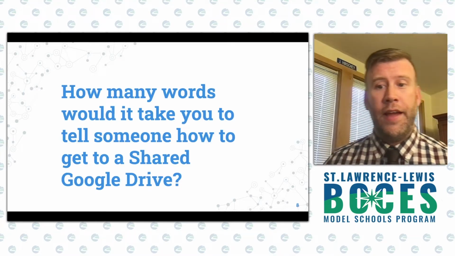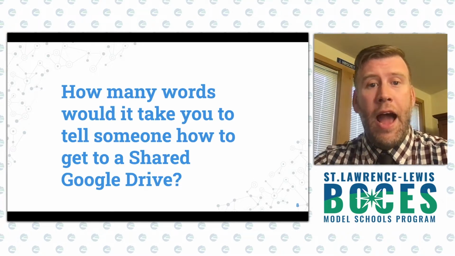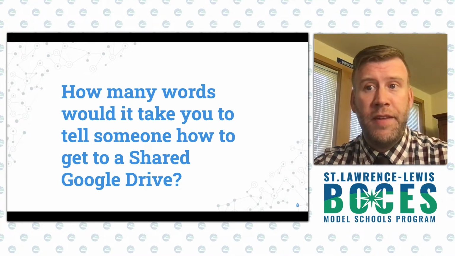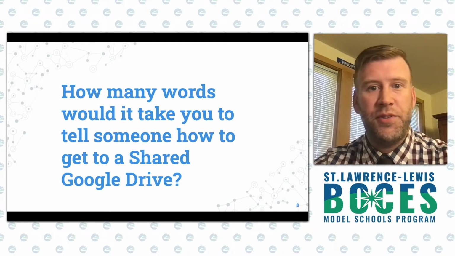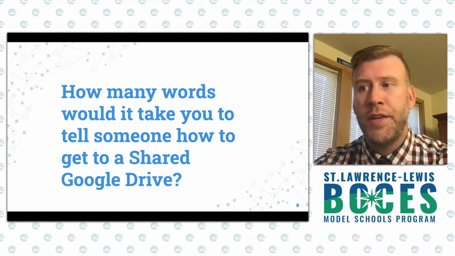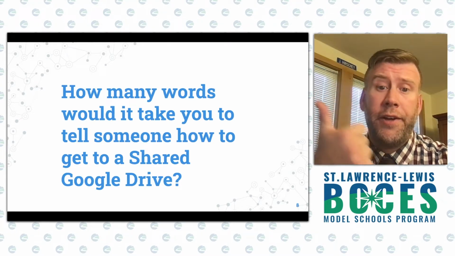Now, as an example here, say to you, how many words would it take you to tell someone how to get to a shared drive? I think it would probably take about 500 words. You could be brief, and maybe you could get it down to about 100 words. So from my memory here, I could say, well, you need to go to google.com.